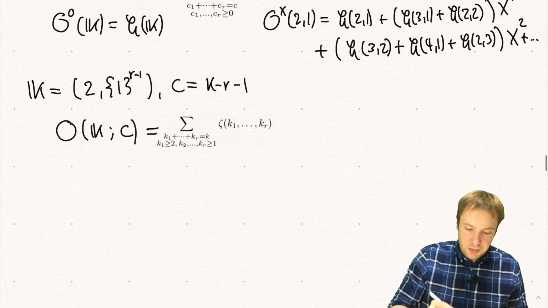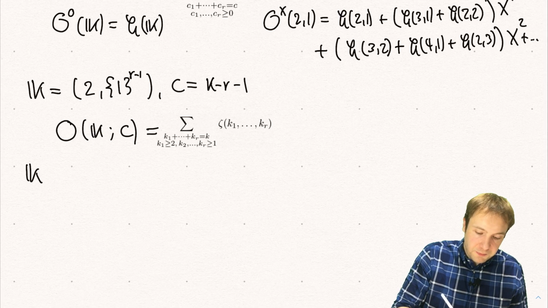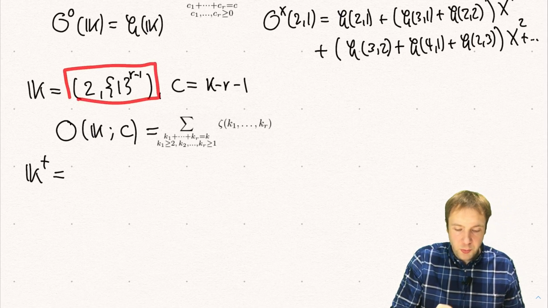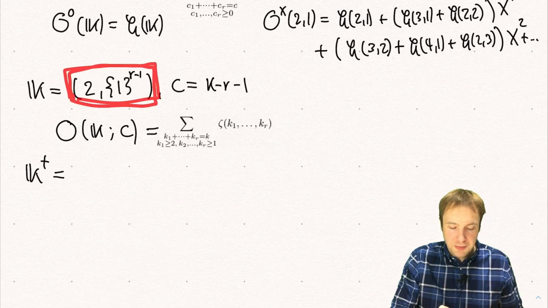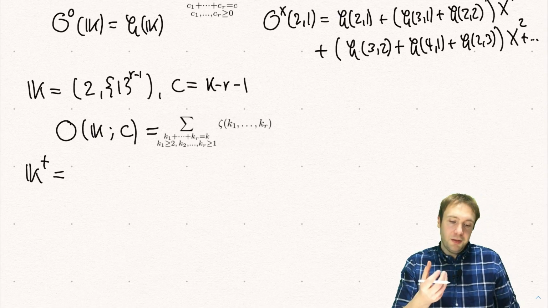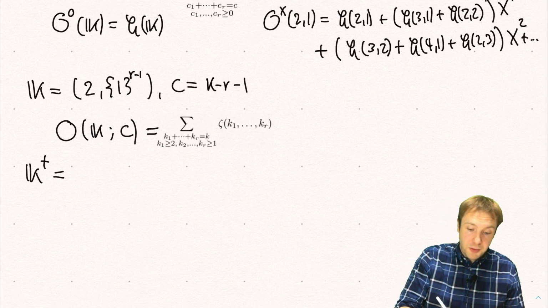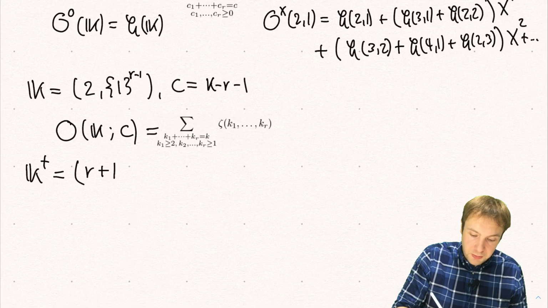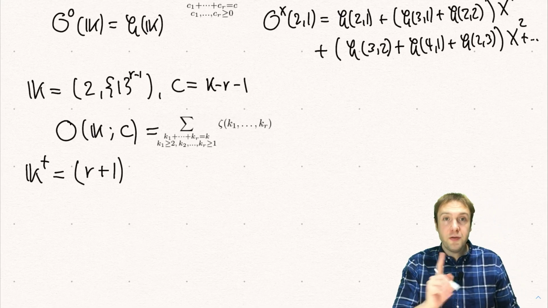And now, what is k dagger in this case? So we learned when we first talked about the duality that the dual of this 2, 1, 1, 1 is exactly just the index of depth 1. So this is just an index with one entry, r plus 1.